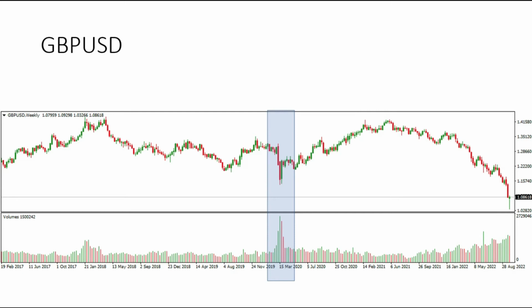And what happened then? The whole world had a problem, but the problem was the biggest for the US because the US is the biggest economy. And in that moment, central banks and a lot of big traders created high volume trades.